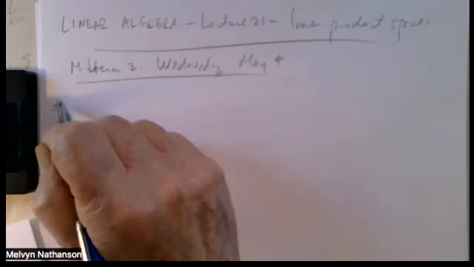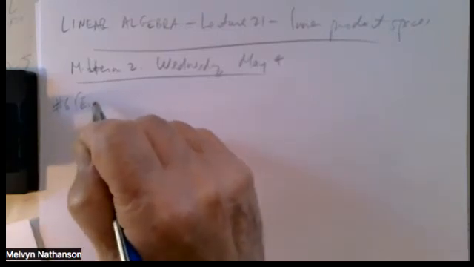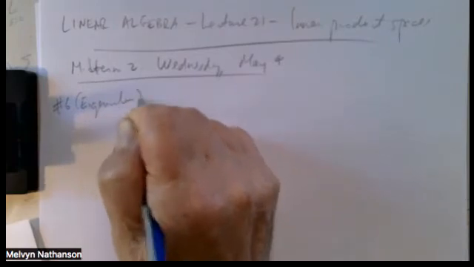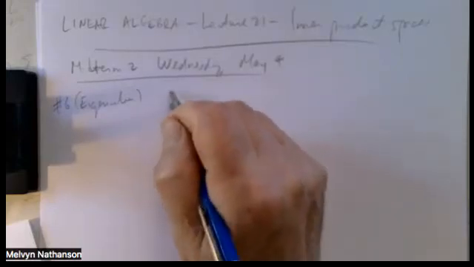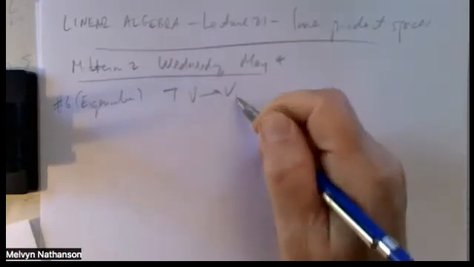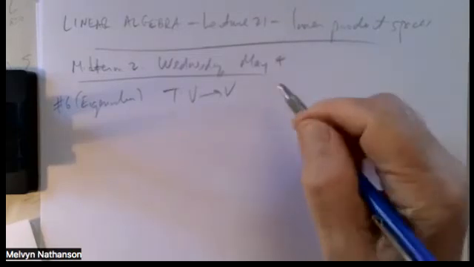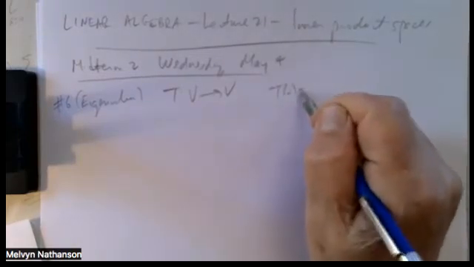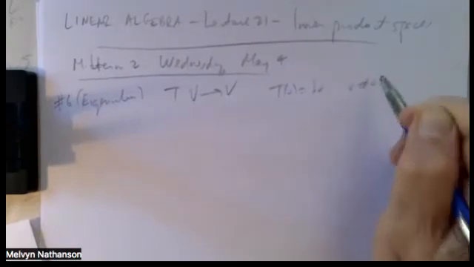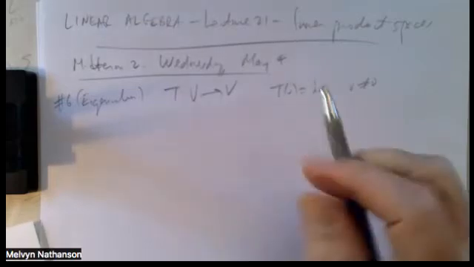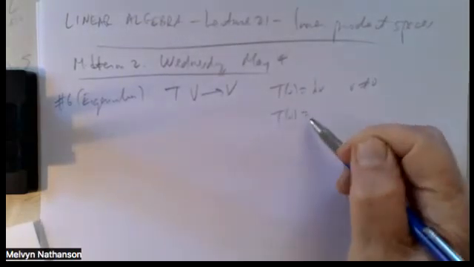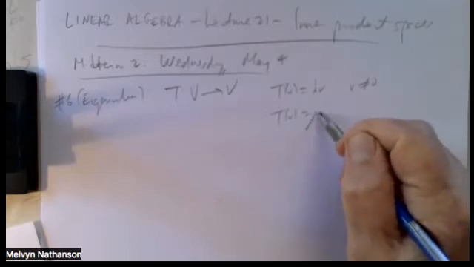So this is number 6 on spectral theory, eigenvalues. So we have T, the linear operator from V to V, and T of V is lambda V. So V is an eigenvector with eigenvalue lambda, and T of V is also equal to mu V, right?